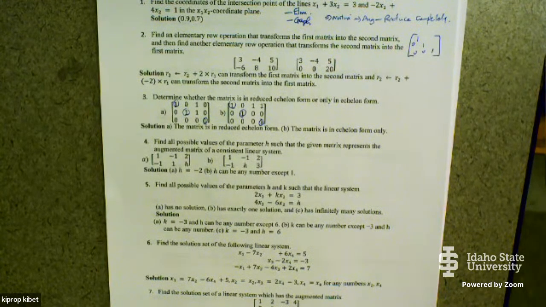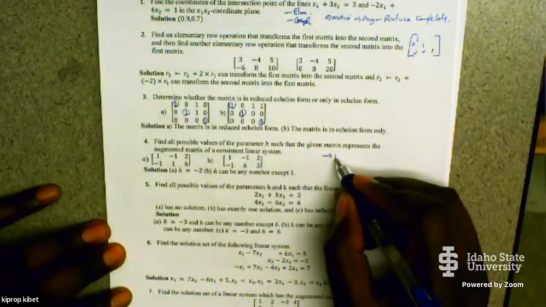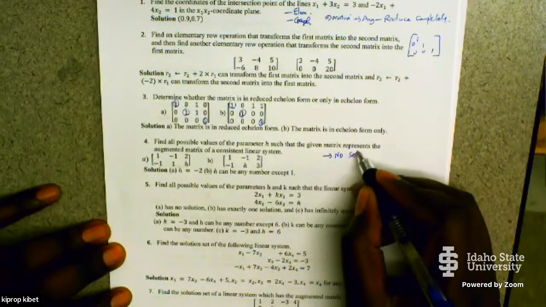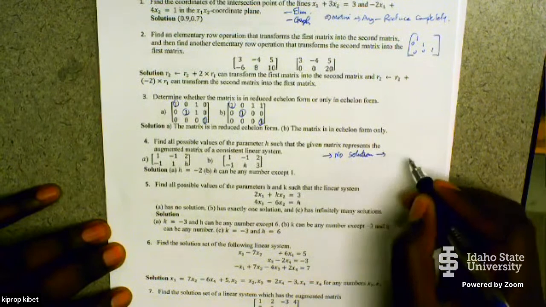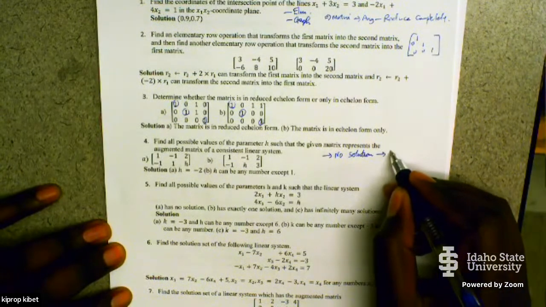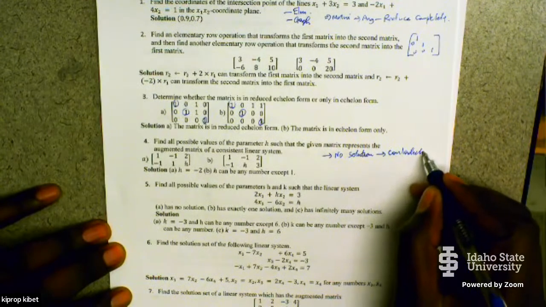So make sure you know no solution, infinitely many solutions, and unique solution. So let me give you a hint. For no solution, then the last row in the augmented matrix is what? Contradictory.